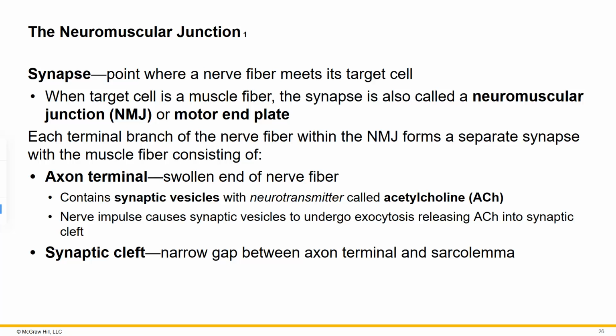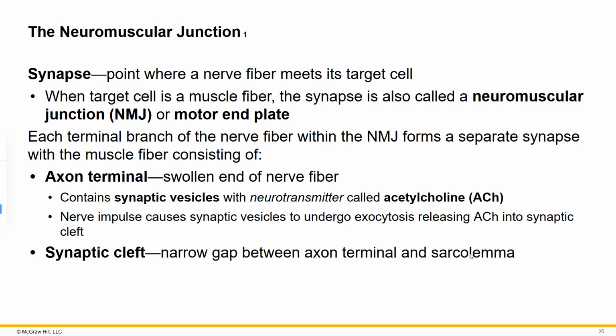This slide is basically a review of what happens at the end of a nerve impulse. Once the nerve impulse reaches the axon terminals, voltage-gated calcium channels open, calcium enters, and that causes the release of the neurotransmitters. The neurotransmitters go across the narrow gap between the axon terminal and the sarcolemma.